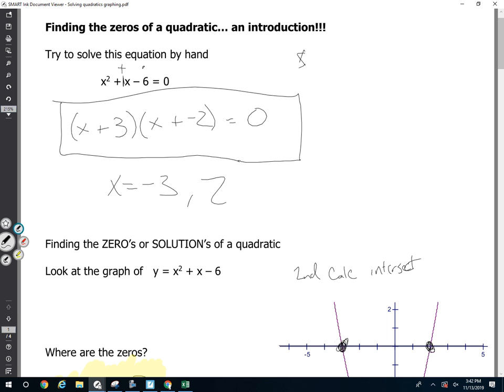Why is flipping going to work? Because negative 3 plus 3 is 0, and 0 times anything is 0. Why does 2 work? Because 2 plus negative 2 is 0, and 0 times anything is 0.